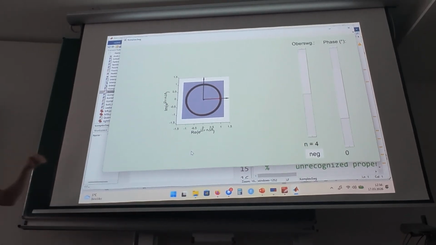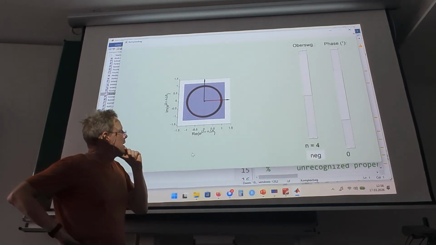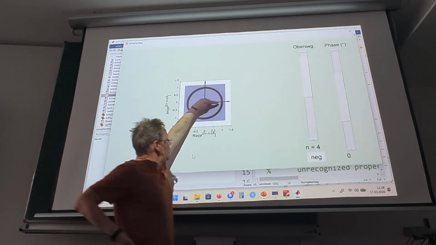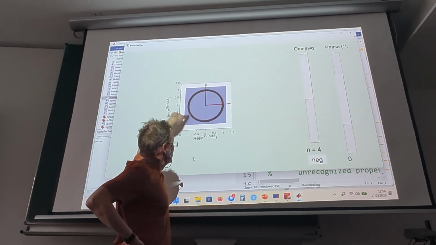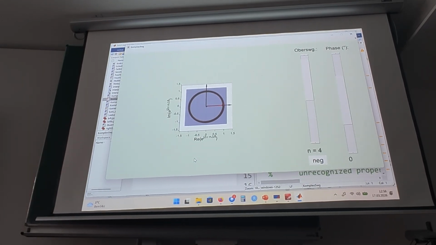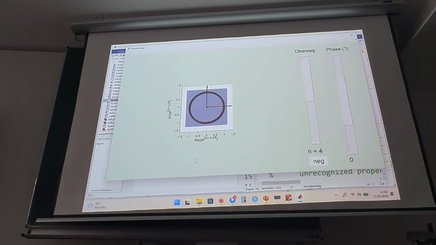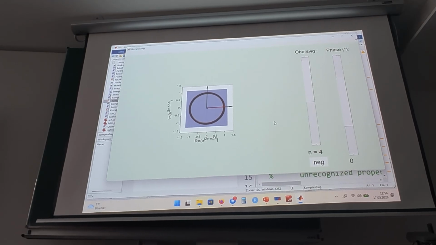On the horizontal axis we have real parts. These are imaginary parts. We're always moving here on this circle around. You see here a red button. You can change the position of this red button, and that means you change the time. Okay, so the starting time, and that means you change the phase.